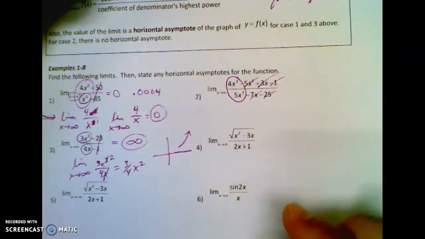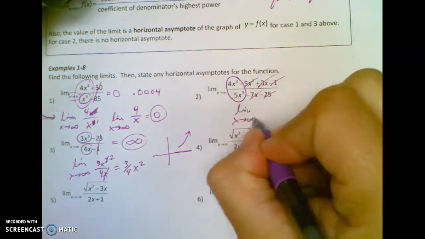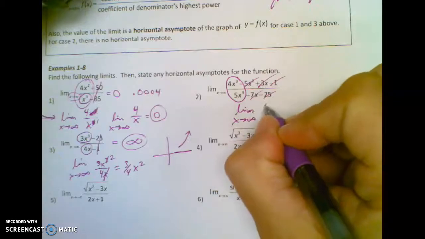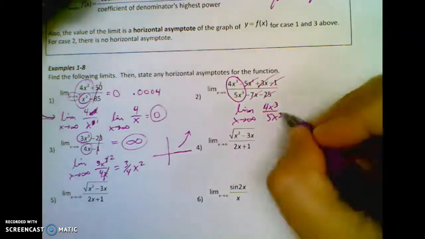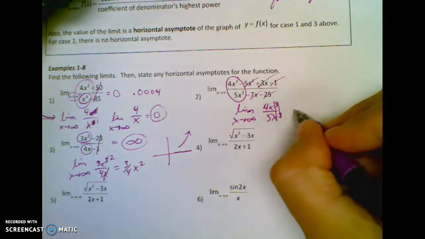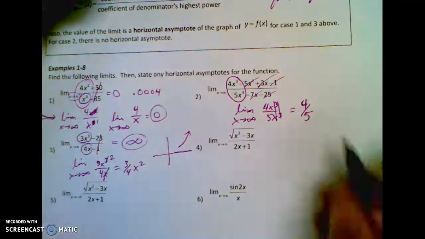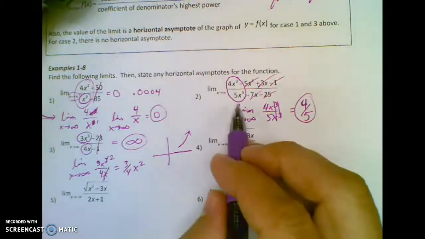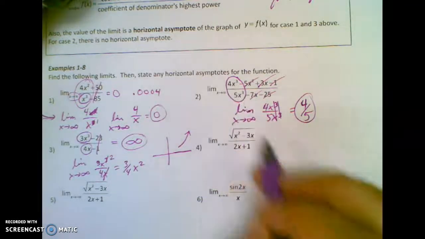You get to ignore all that stuff. And your problem boils down to just 4x cubed over 5x cubed. Well, if you reduce that, you're just left with 4/5. That's your limit as you go way, way out to the right. And it's positive because you have a positive over positive.